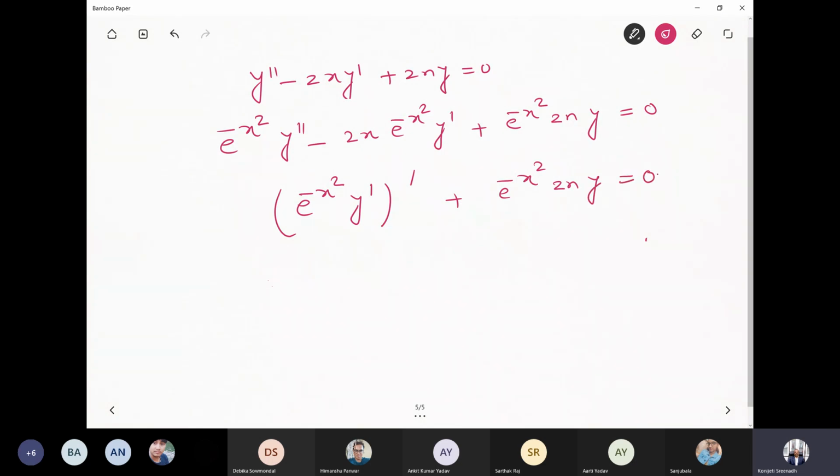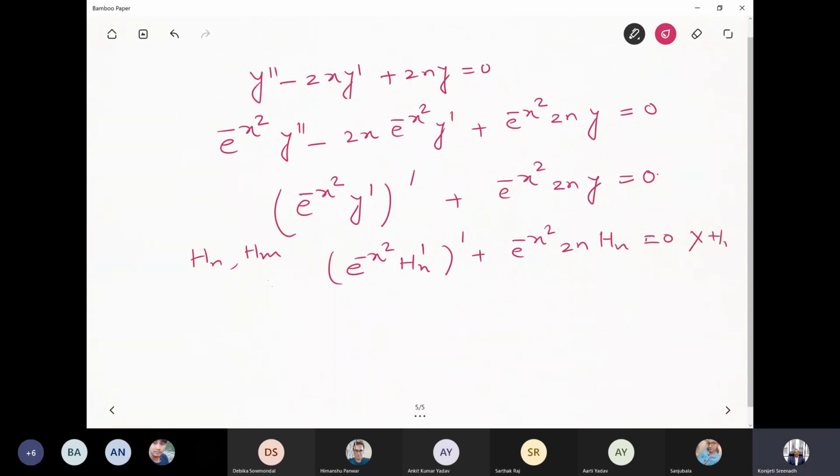Now the Hn and Hm are the polynomials, right? These are the polynomials satisfying the same equation. So just do the same thing I did earlier. You write the two equations: e power minus x squared times Hn prime whole prime plus e power minus x squared 2n times Hn.